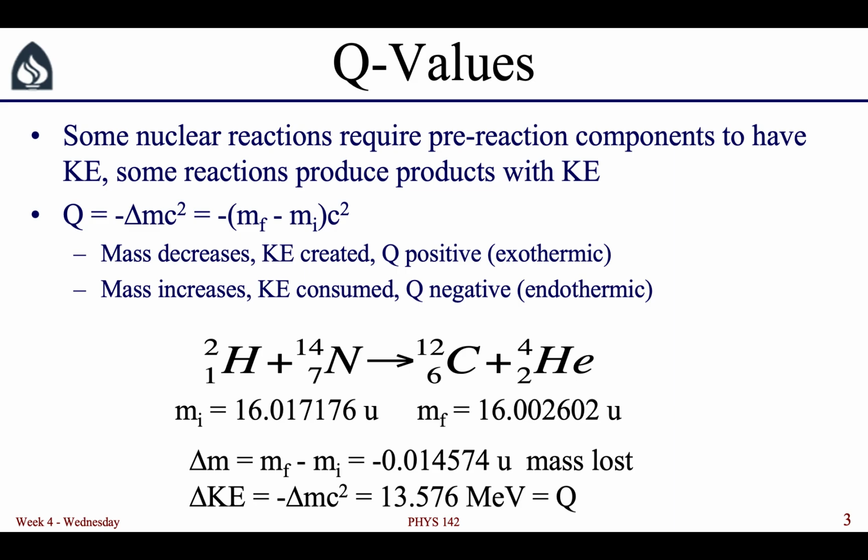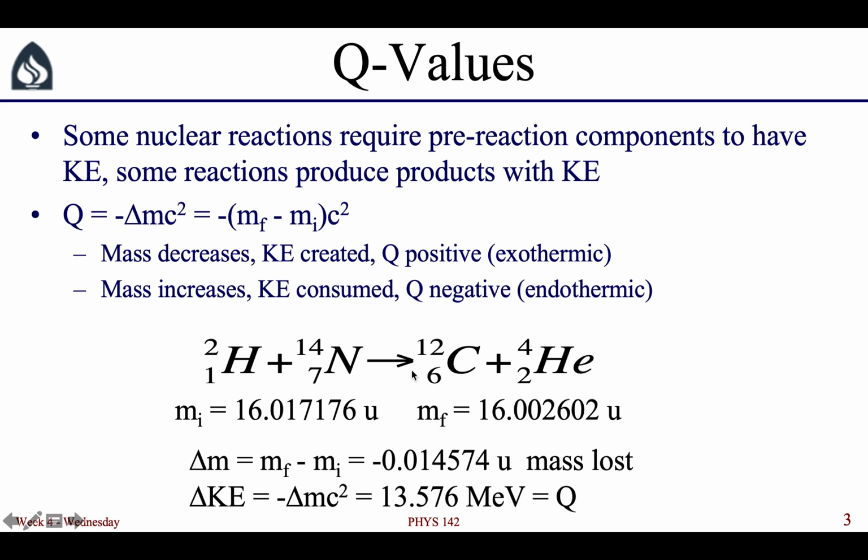So if we consider this reaction where we have a deuterium plus a nitrogen, and they combine and then produce carbon and helium, if we look up the masses of these atoms in the table in the textbook appendix, we can add up the masses and find that the initial masses of these two put together is this value here, 16.017176 atomic mass units.